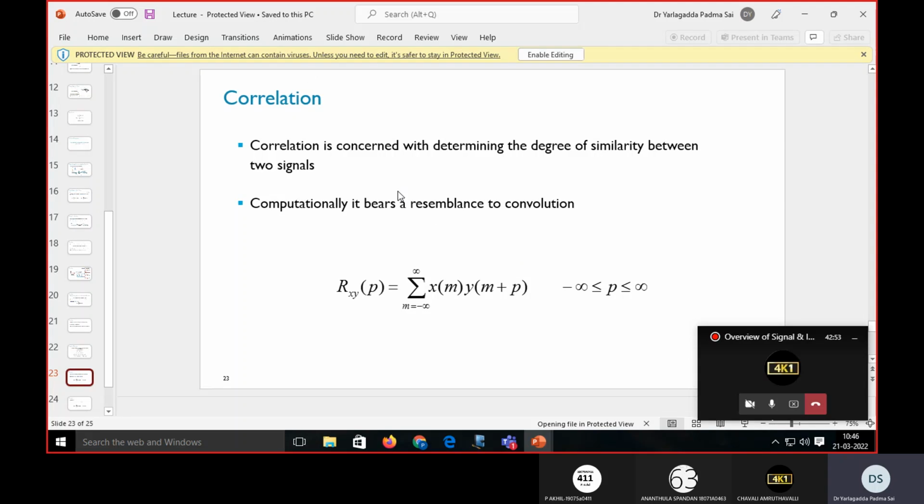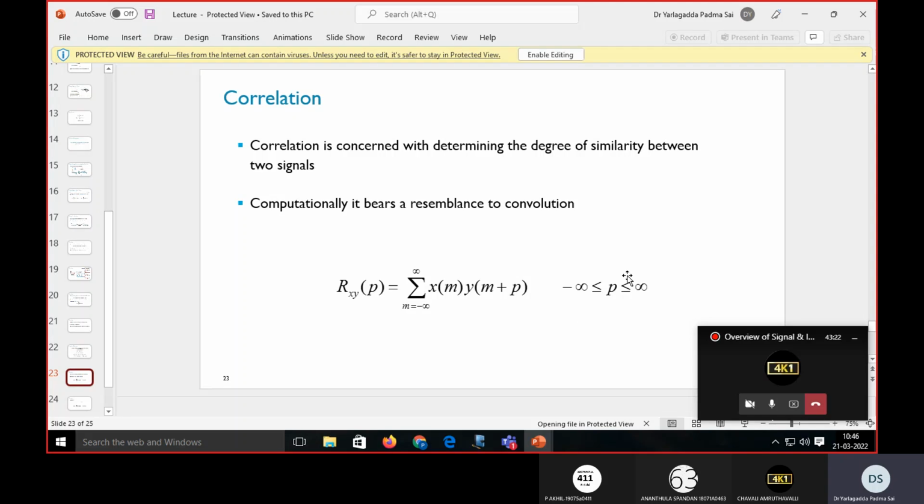Suppose you are unable to calculate correlation. You can calculate correlation directly from convolution also. Instead of convolving x of n with h of n, which is convolution, for example, if I want to find the correlation of x of n and h of n using the convolution concept, what I have to do is convolve x of n with h of minus n.